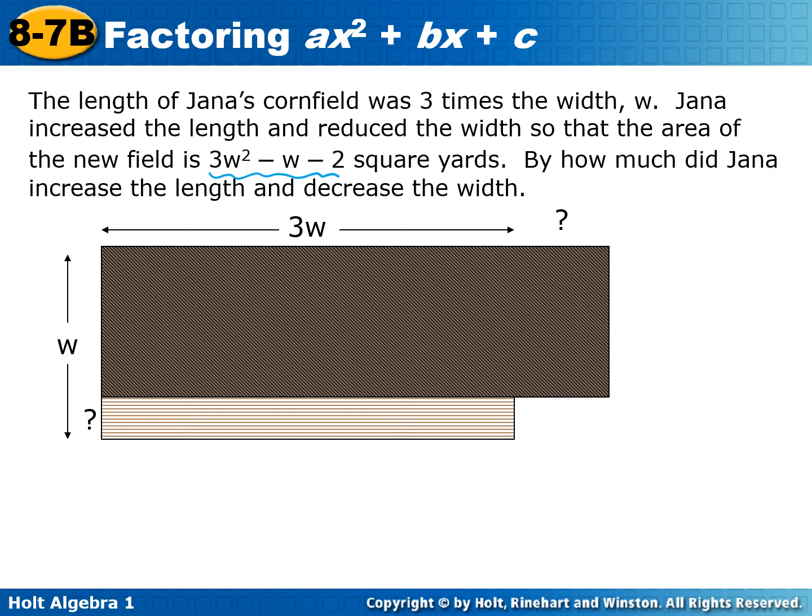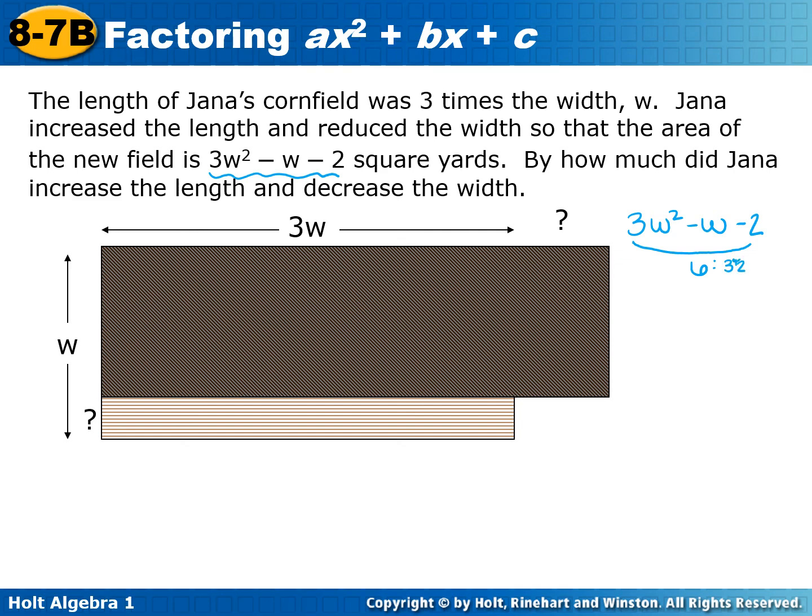So I need to factor the area. So let's see, 3w squared minus w minus 2. All right, I need to factor this because I've got to get the new dimensions. So 3 times 2 is 6. All right, c is negative, so factors of 6 that subtract to get 1. Well, that's going to be 3 and 2.